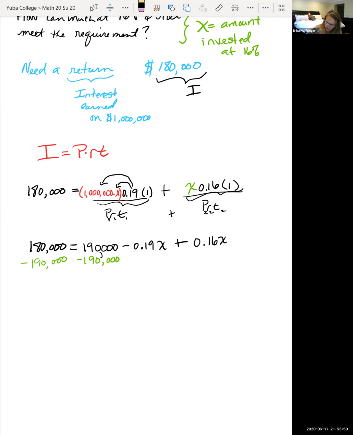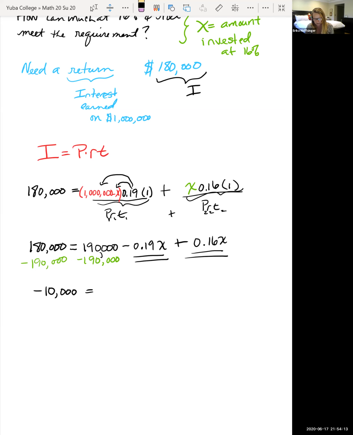If we do that, 190,000 subtracted from 180,000 is negative 10,000, which is equal to negative 0.19 plus 0.16.